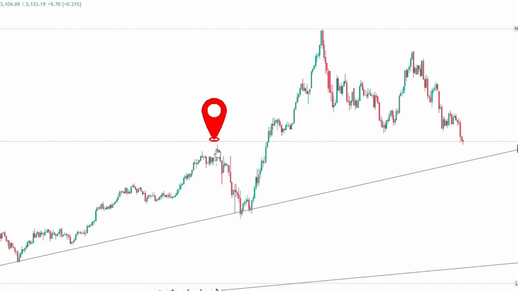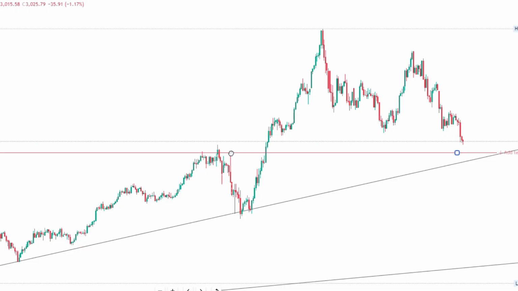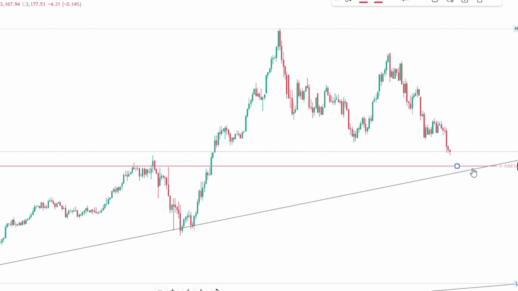Now, potentially, let's take our horizontal tool and right here. Potentially, price could be coming back into this level to do a retest of this level that is broken above, to just sit on top and build support.